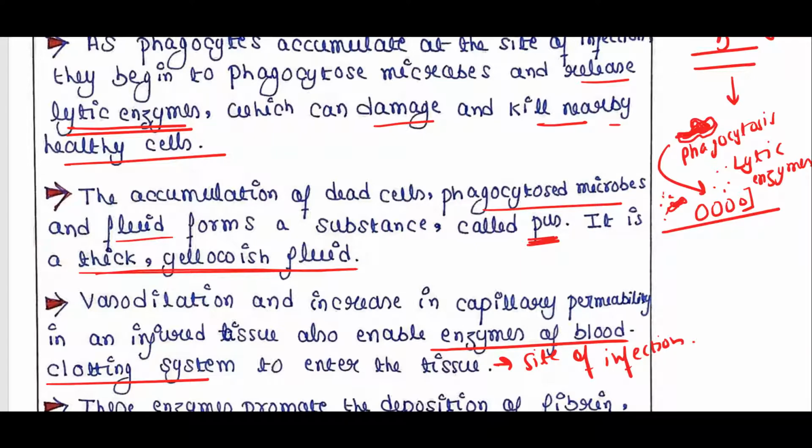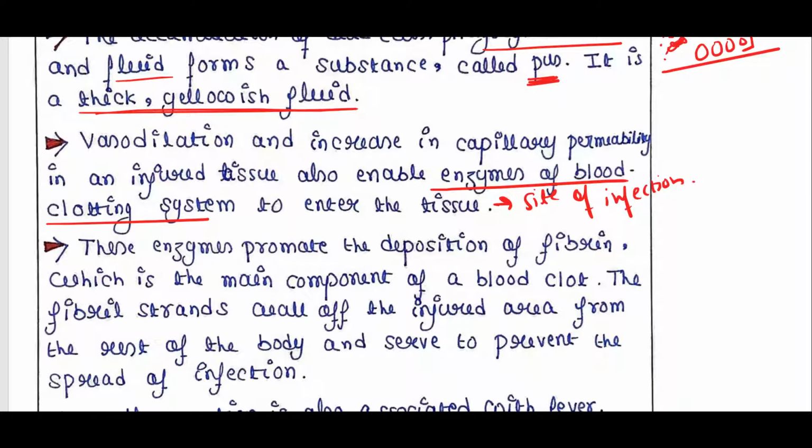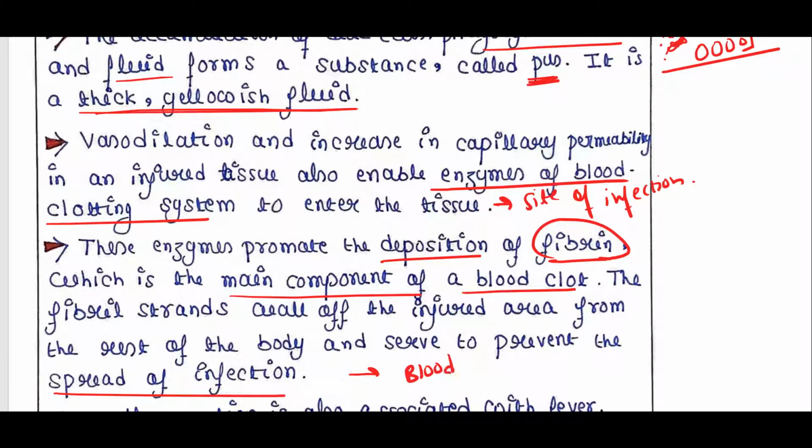These enzymes promote the deposition of fibrin. And what is fibrin? Fibrin is the main component of a blood clot. So the fibrin strands wall off the injured area from the rest of the body and serve to prevent the spread of infection, because now a blood clot will be formed.